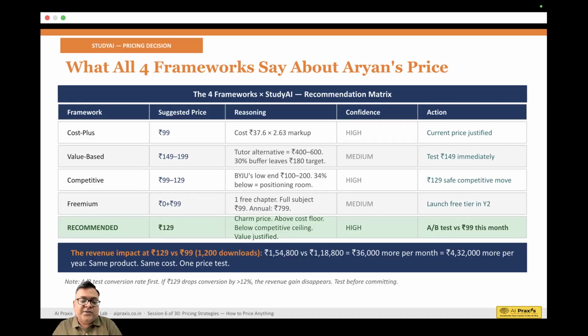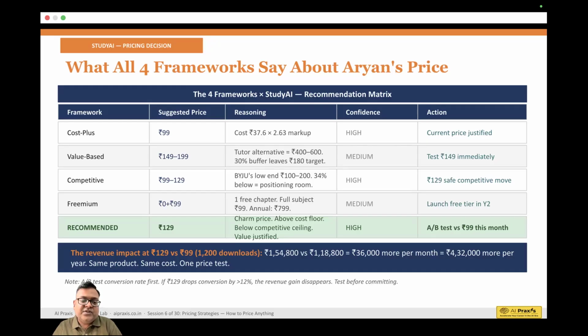Comparative: 99 to 129. For the sake of example, you may take a competitor like Baiju's. Let's say they would be selling at 100 to 200 and 34% below, positioning room. So it's high. So 129, safe comparative move. Freemium is very simple.